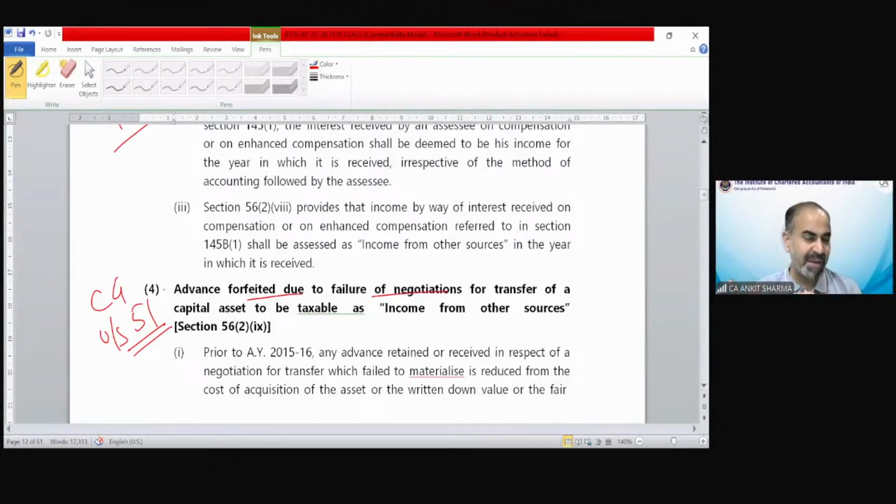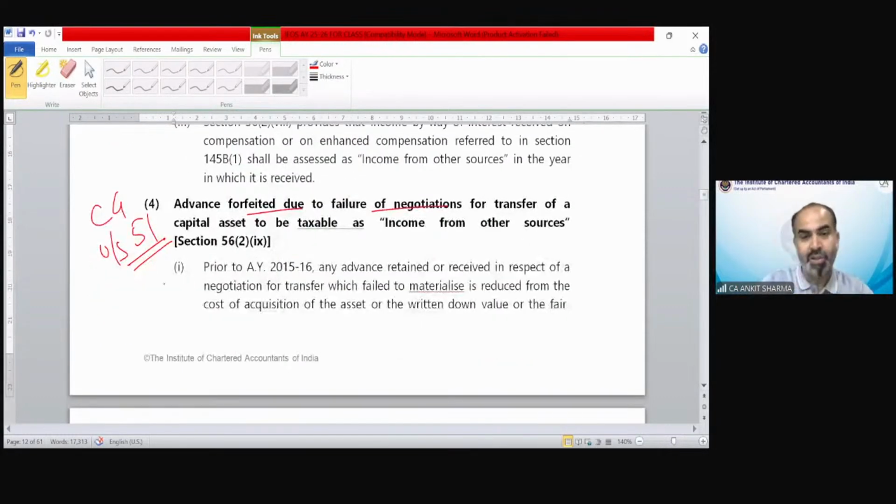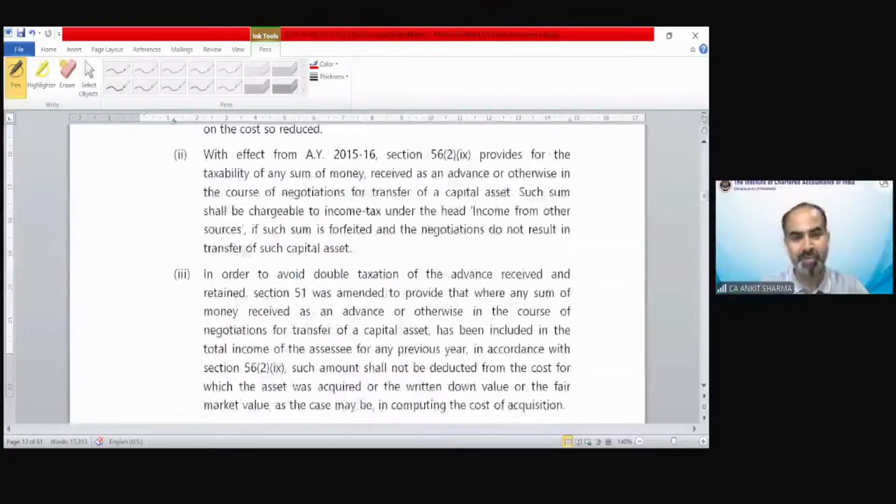But if it has been forfeited on or after 1st April 2014, in that case it would be your income from other sources in the year in which the amount has been forfeited. So that means from previous year 14-15 or assessment year 15-16, that would be part of your income from other sources.